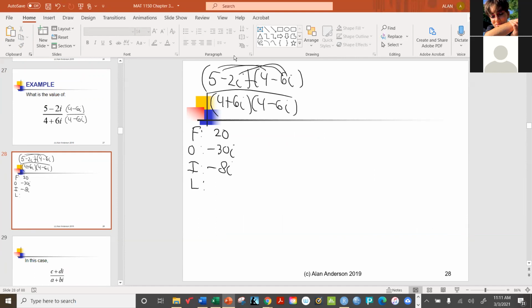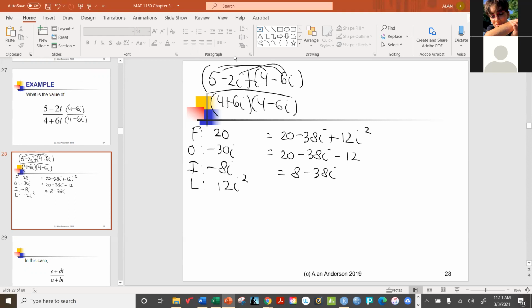And then last would be 12i squared. Okay, so we're going to have 20 minus 38i plus 12i squared, which of course that i squared is -1. So I end up with 8 minus 38i.